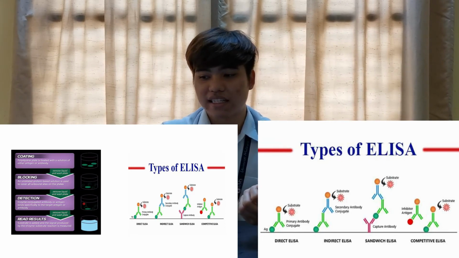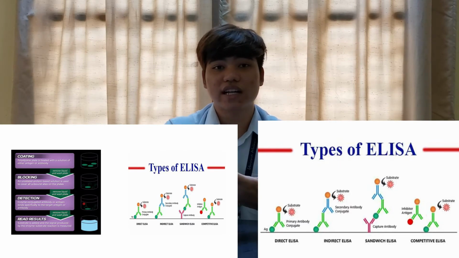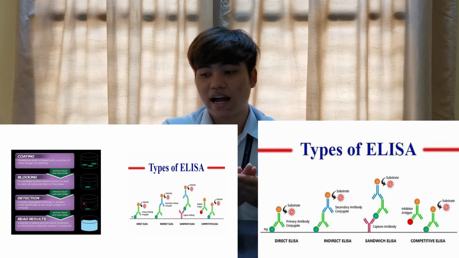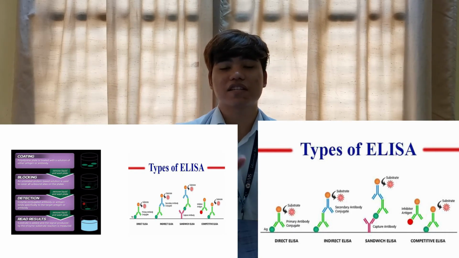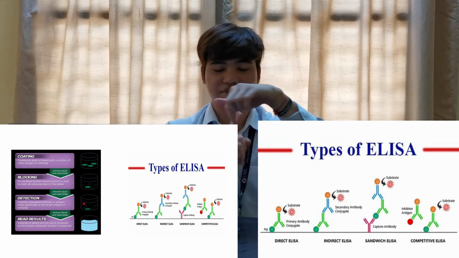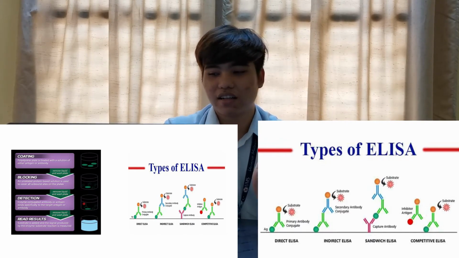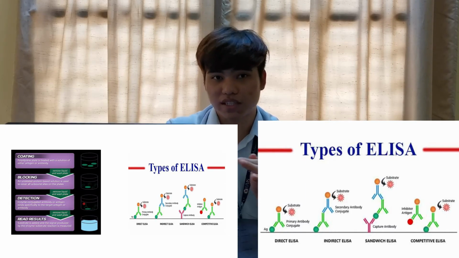For sandwich ELISA, there are three antibodies, of which the first is the capture antibody. The capture antibody is the first antibody used on the surface of the plate. Next the sample is added.